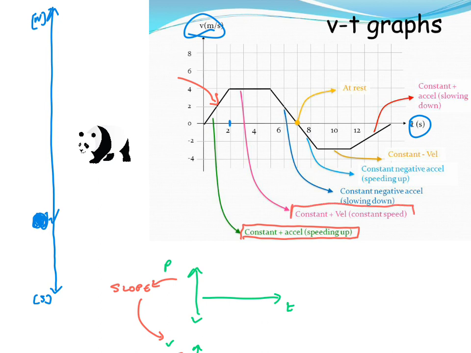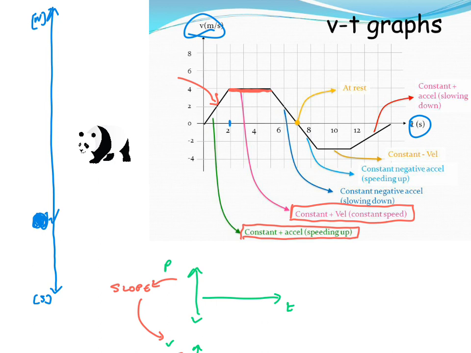So the velocity is staying rigid at 4 meters per second. If the velocity is 4 meters per second, of course it's going to move because it's got a velocity that's not equal to 0. And it just means that it's traveling with a constant velocity, a constant speed.